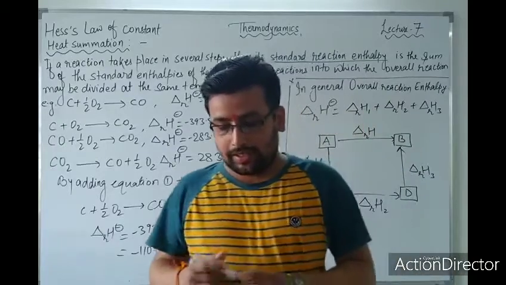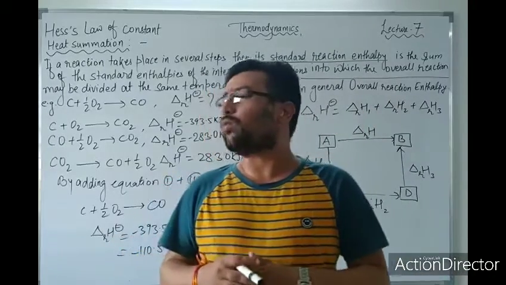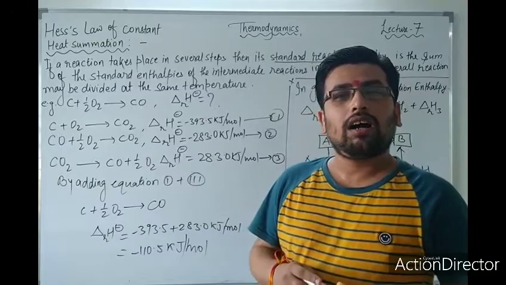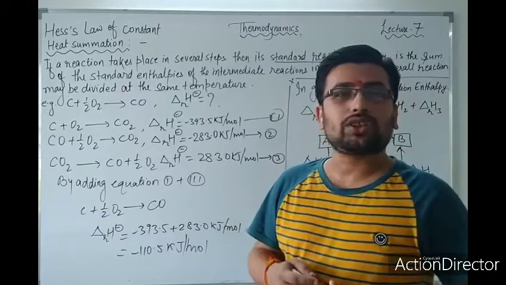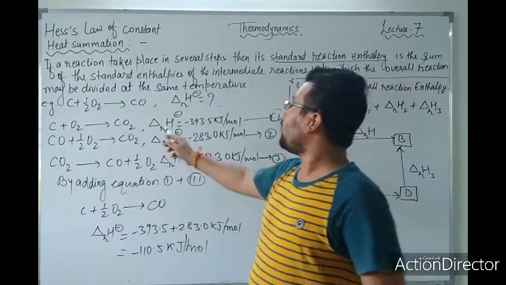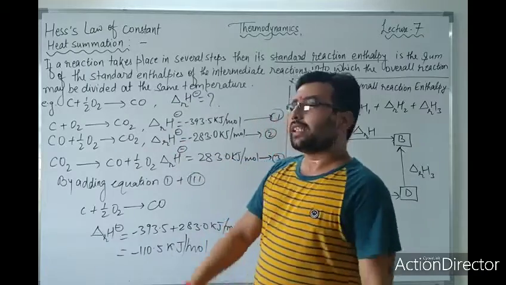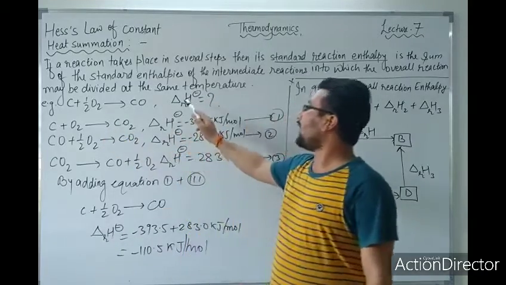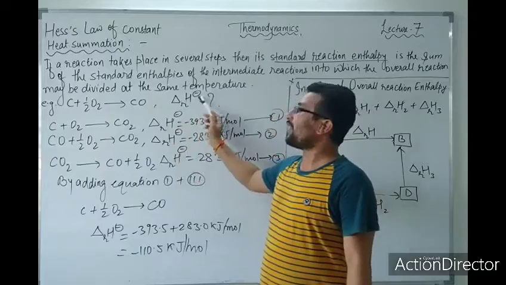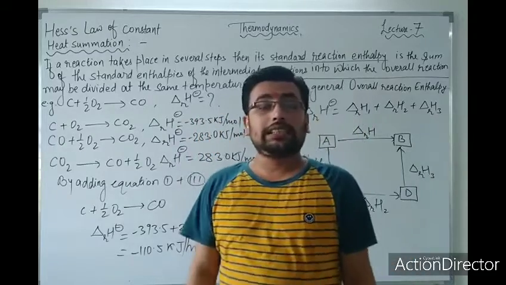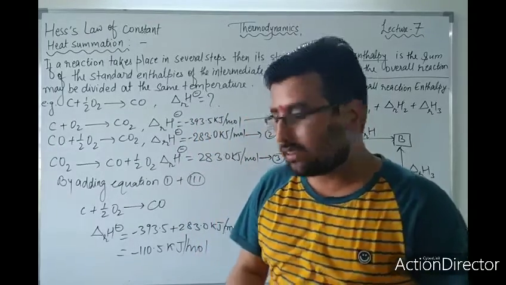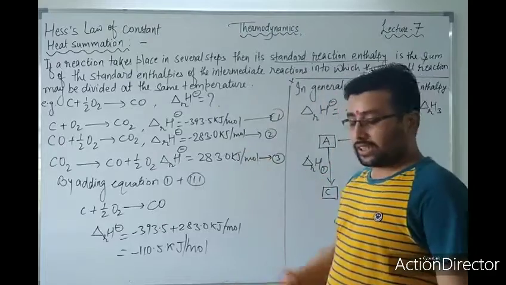Now, what will be the heat of reaction, delta H R, for this? Suppose I give you one reaction: carbon plus half O2 gives carbon monoxide. You have to calculate the enthalpy of this reaction.